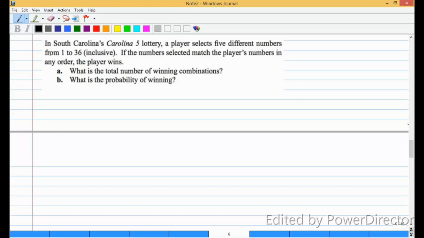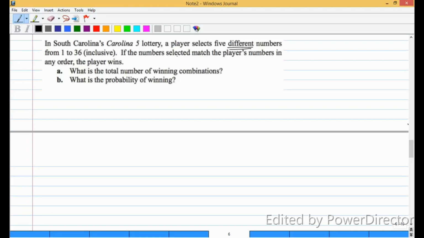Anyway, this problem says, in South Carolina's Carolina 5 lottery, a player selects 5 different numbers from 1 to 36 inclusive, meaning you can choose 1, you can choose 36.